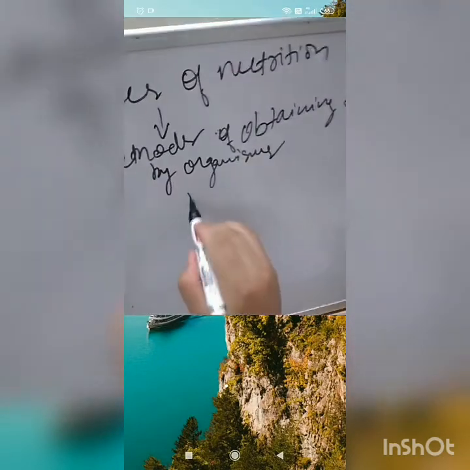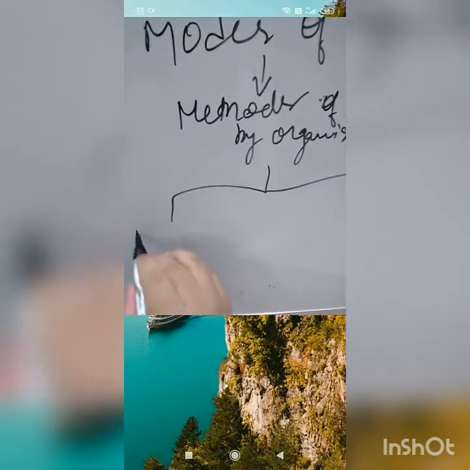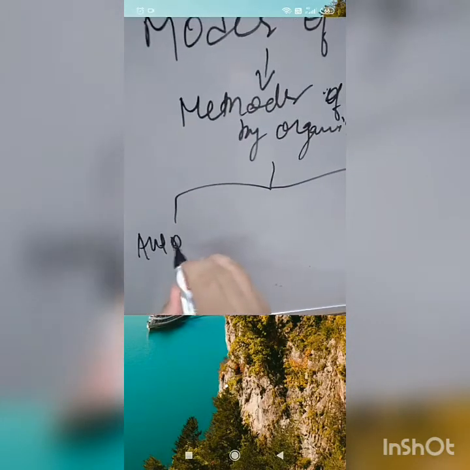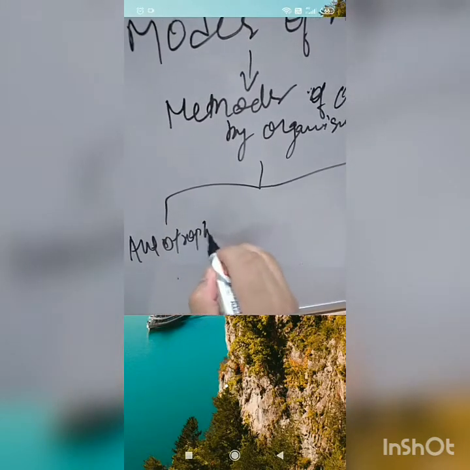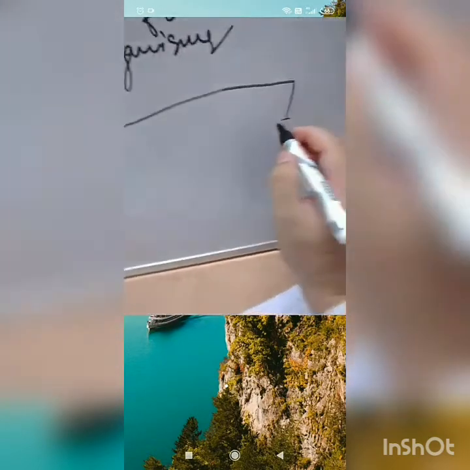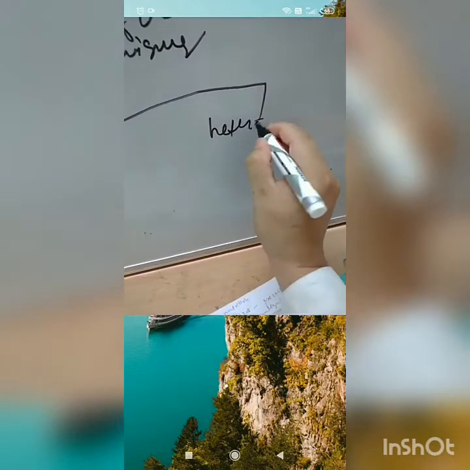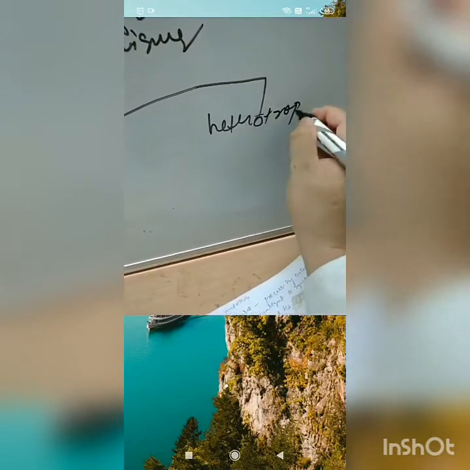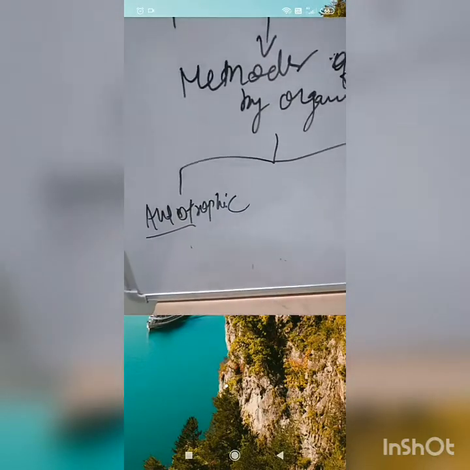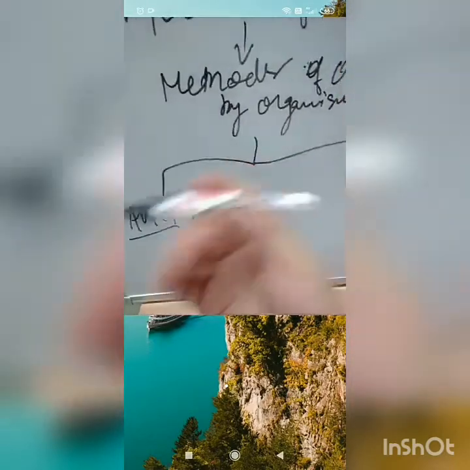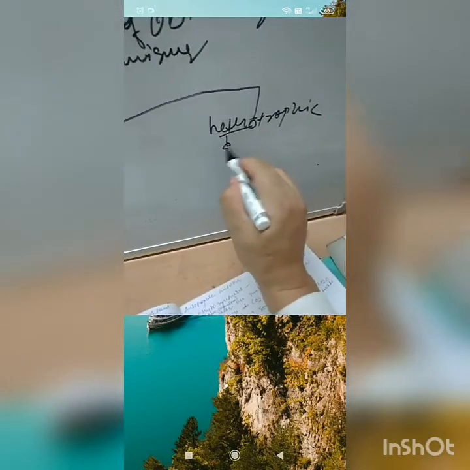There are different modes of nutrition. One is autotrophic. Another one is heterotrophic. Auto means we are able to do things on our own, like automatic. We are able to manufacture things by our own. And hetero means different.